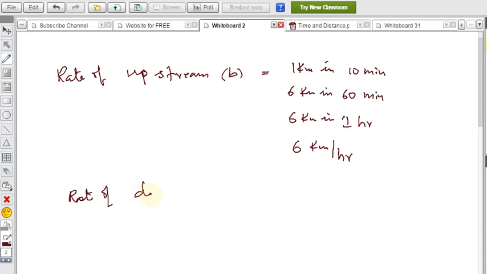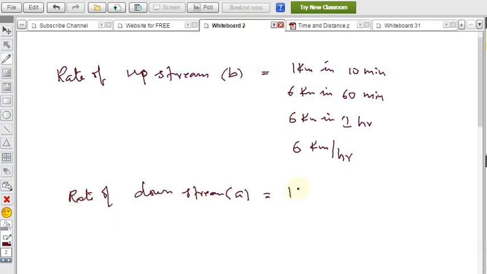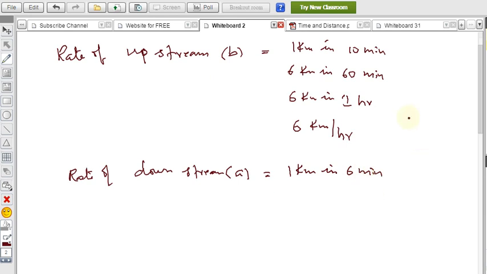Rate of downstream is a. This also they mention in terms of conditions like 1 kilometer in 6 minutes. That means 10 kilometers in 60 minutes, multiplying 10 on both sides.